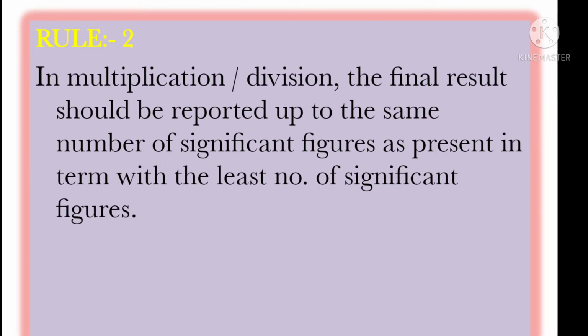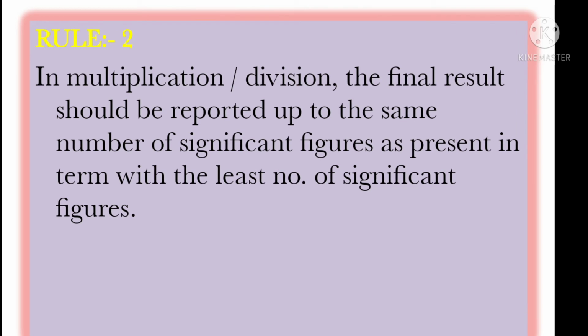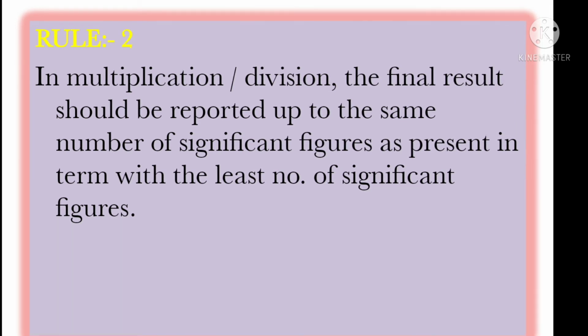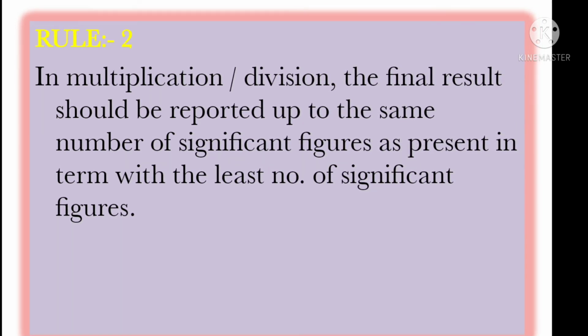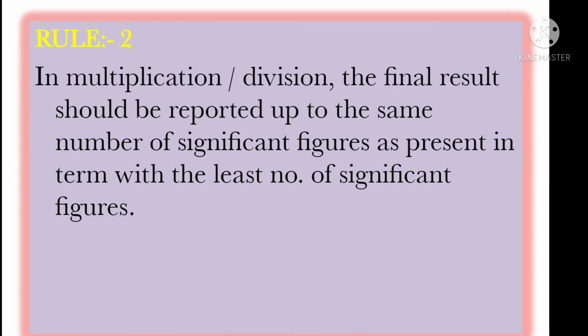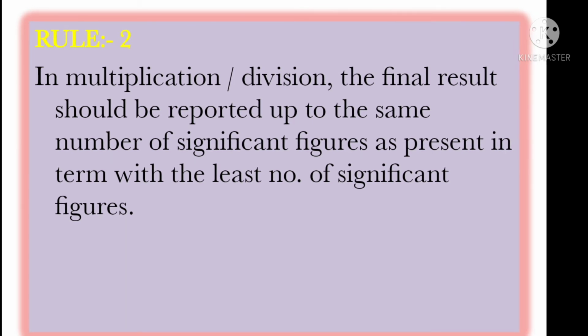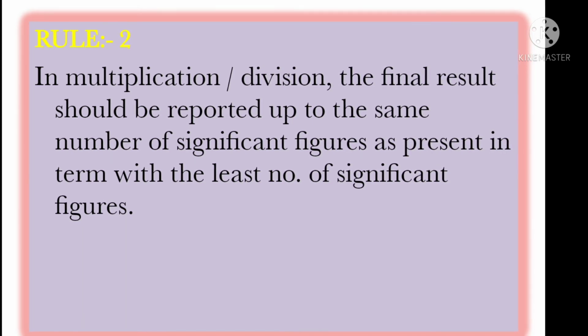Okay. Then rule number 2 regarding multiplication and division. In multiplication or division, the final result should be reported up to the same number of significant figures as present in the term with the least number of significant figures.